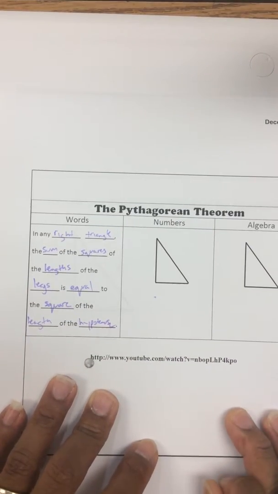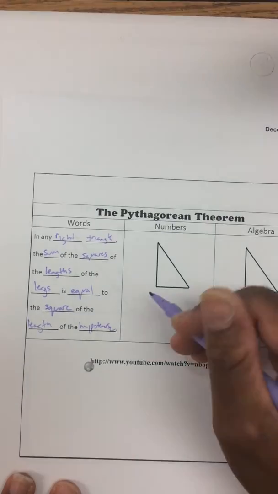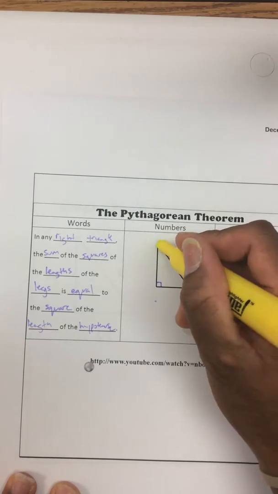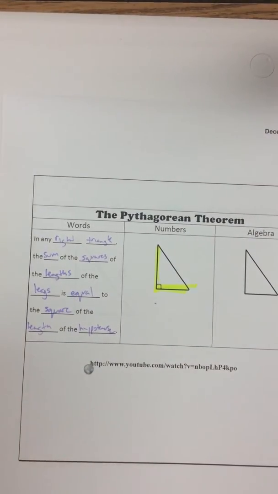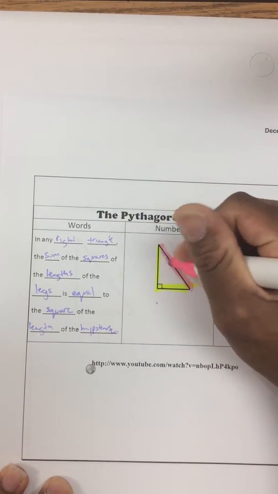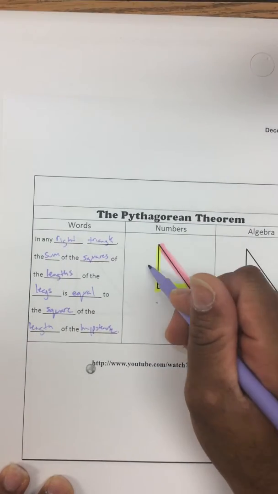Okay? So for instance, let me go in here and talk about what are my legs. If I look and see right here, these are my legs right here. And my hypotenuse is always opposite of the legs. So that helps me understand what is what. So I'm just going to put some numbers on here.